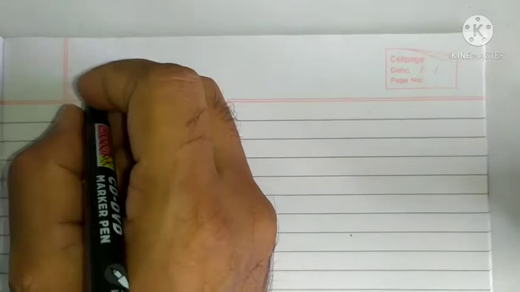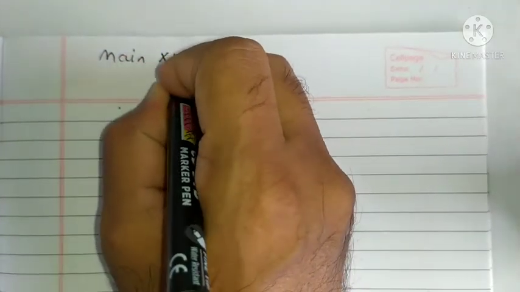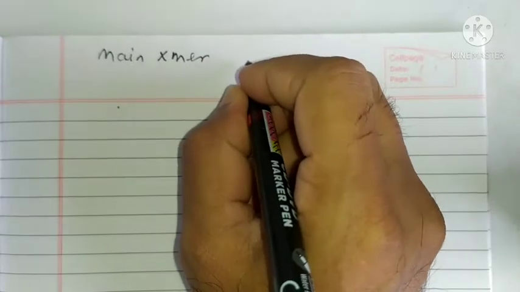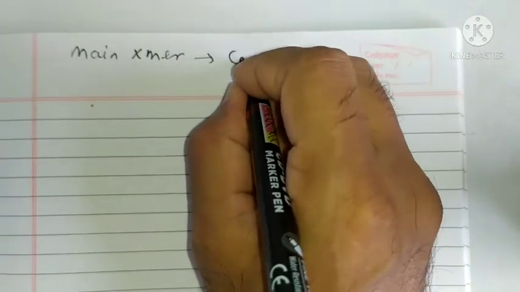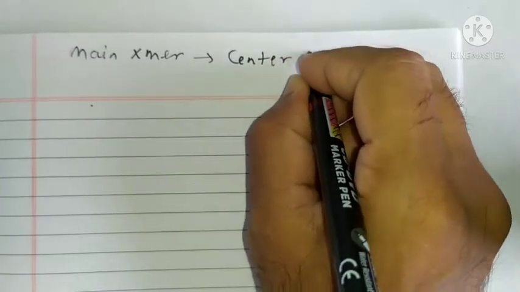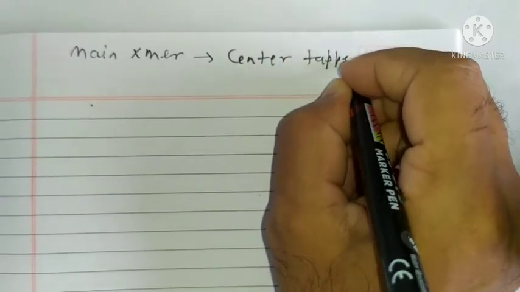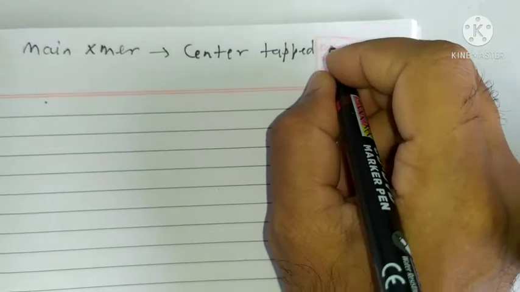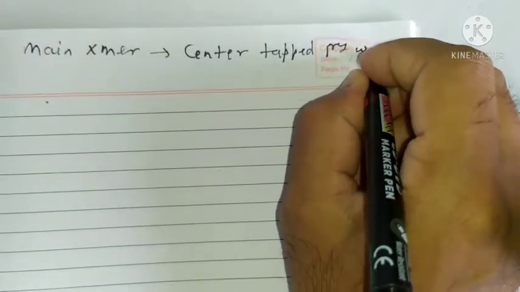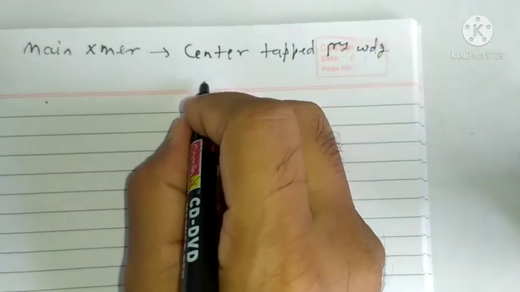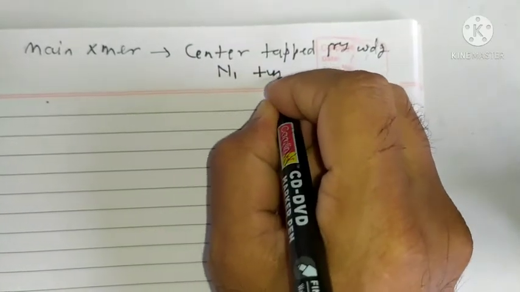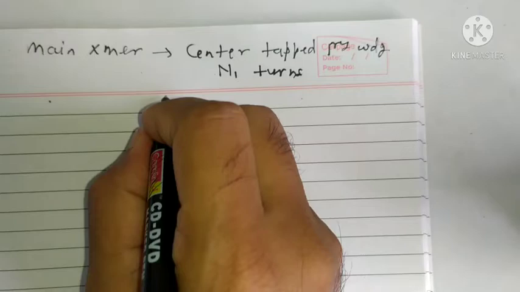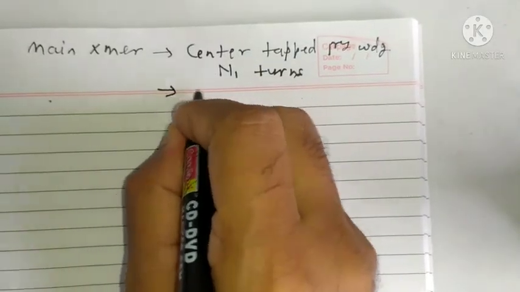So one transformer is known as main transformer, which has center tapped primary winding, and number of turns on primary is N1. Secondary turns are N2.